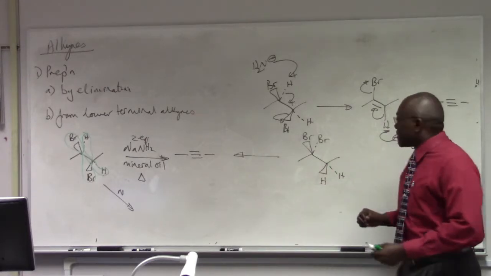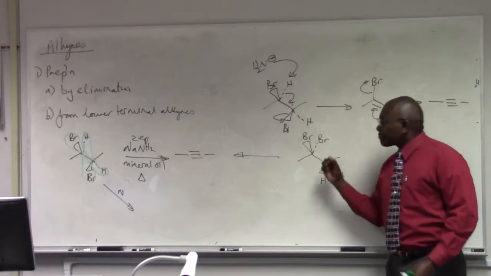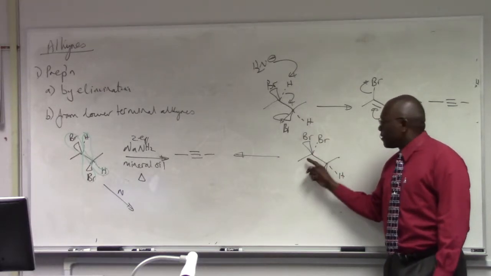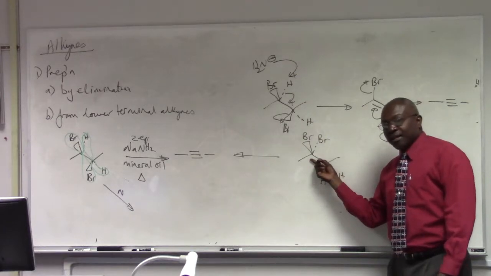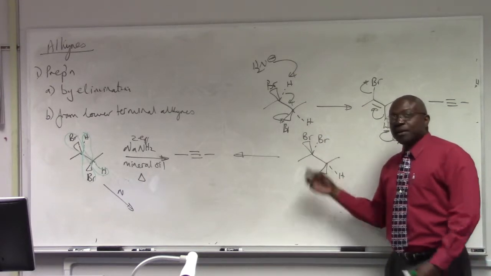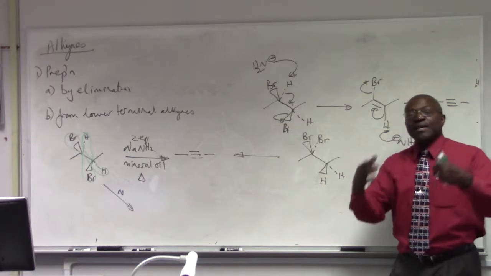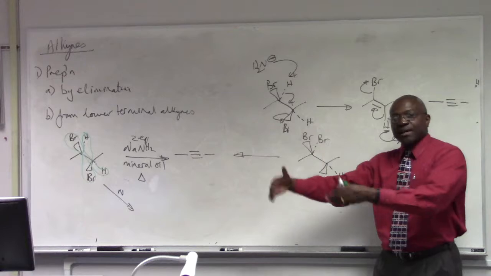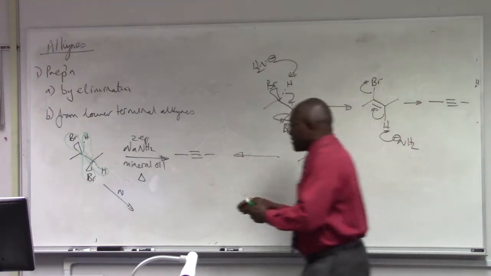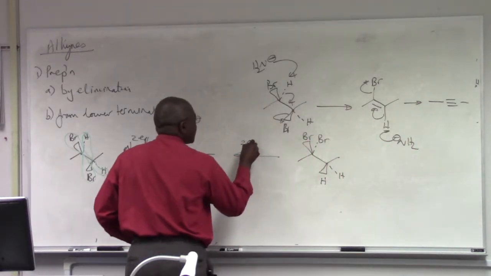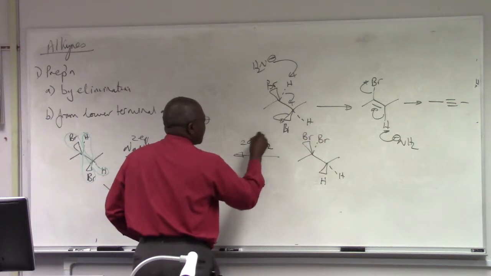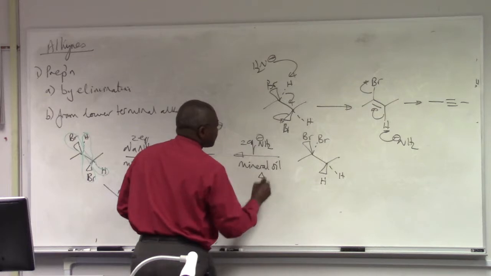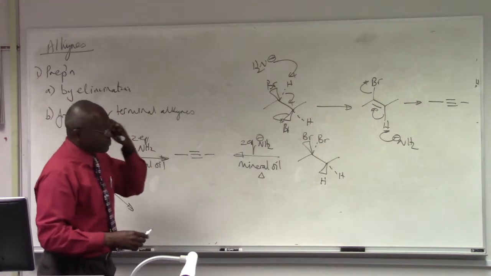Now, one interesting point is, when it's the gem, it could have gone with these H's to make the terminal alkyne, or these to make the internal alkyne. They will always make the internal, because internal alkynes are more stable than the terminal alkynes. It's like a tetrasubstituted alkene being more stable than the tri, the di, and so on. So again, these would use 2 equivalents of NH2 minus in mineral oil and heat. And that's with a gem dibromide.